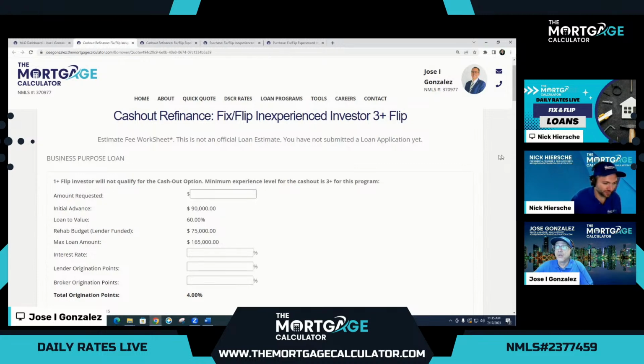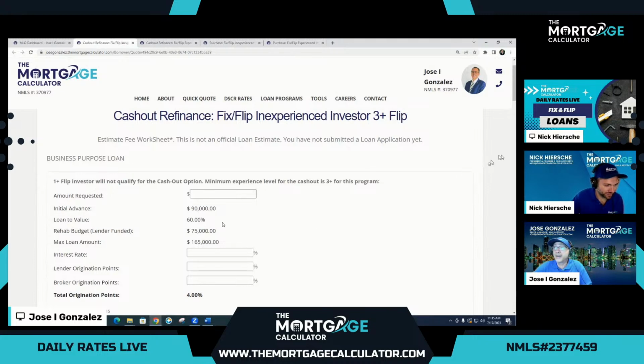So the flipper that would need to do this type of a situation would probably have to look for a partner that had the experience and then share the profit to be able to get the deal, because they will consider the partner with the higher experience level only. They're not going to go with the worst case of the two, and only one of the people in the LLC has to be on the loan. So obviously, it would be the partner with the higher experience level.